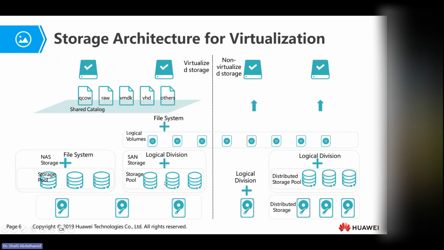The pool of storage services has two technologies that can be used to drive it, which are the SAN storage and, of course, the other one, the NAS storage. The SAN storage is a situation whereby you have a pool of resources.